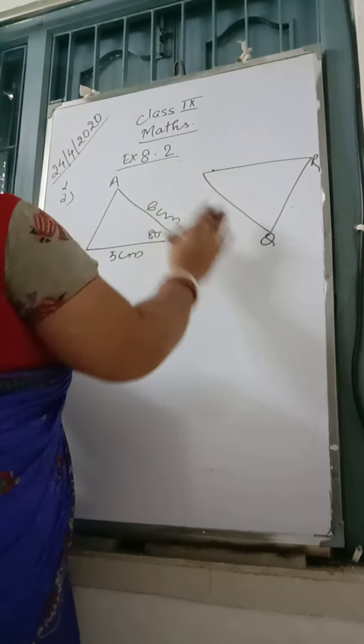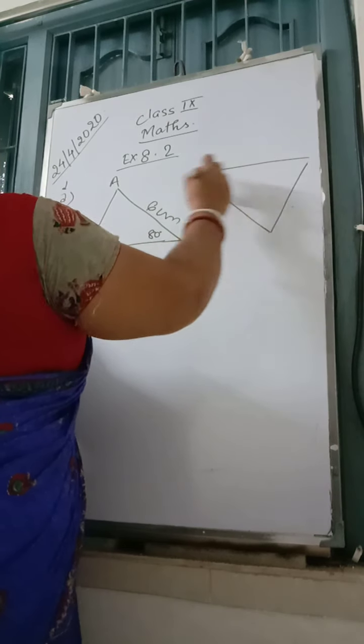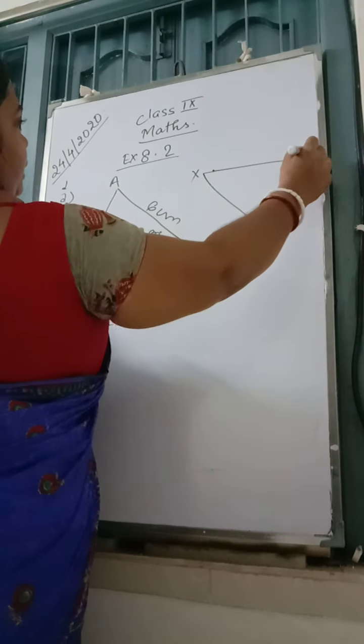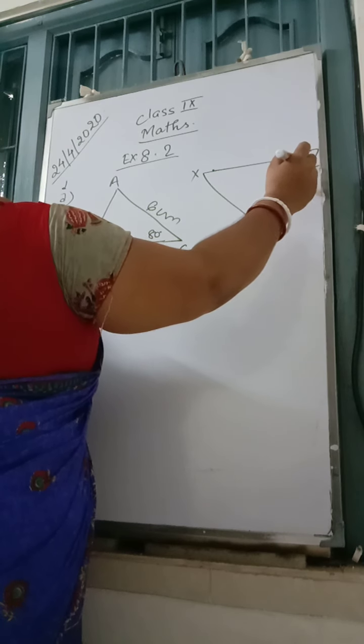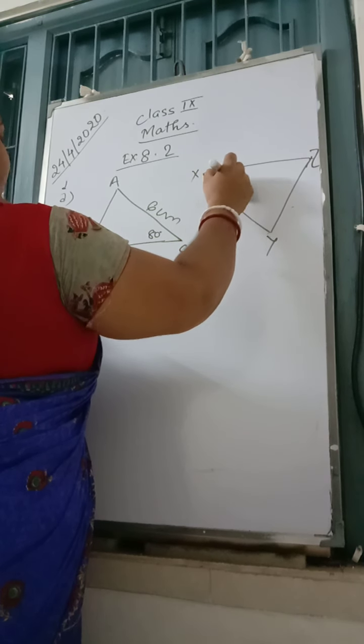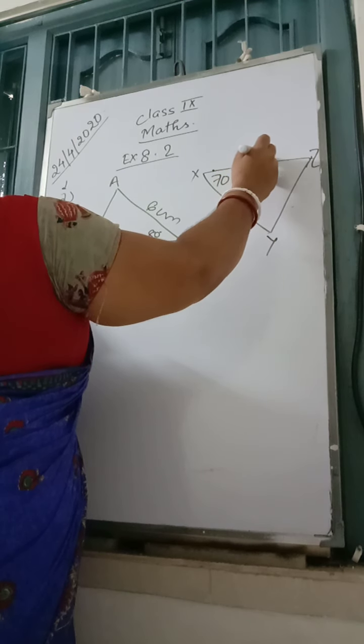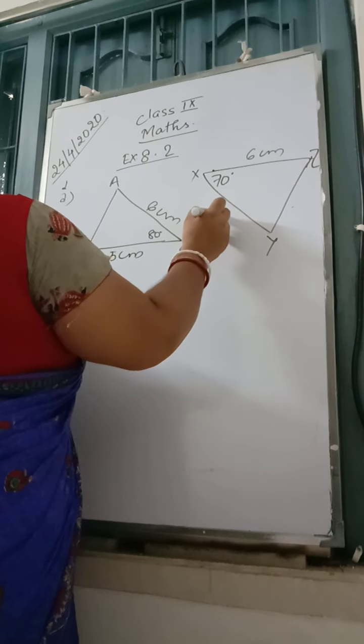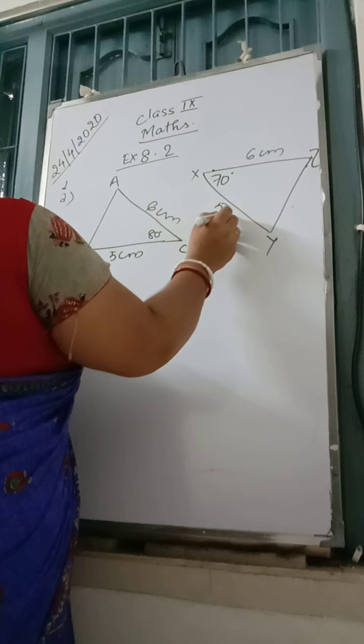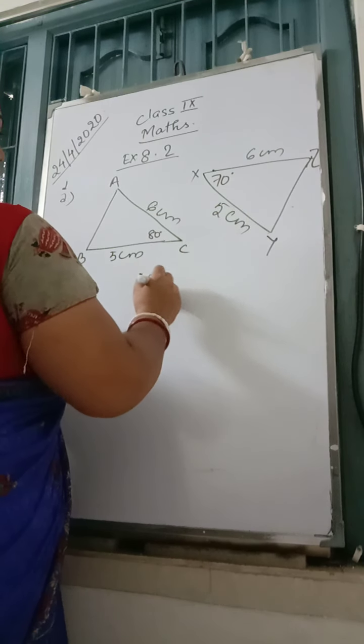Second is not PQR, XYZ it is, sorry, XYZ, clear? Angle X is 70 degree, XZ is 6 centimeter and XY is 5 centimeter. Are they congruent? They are not.